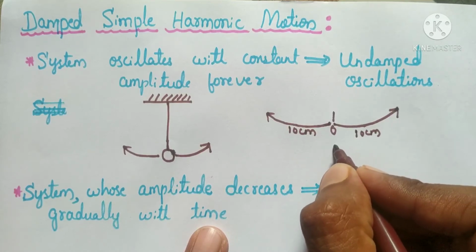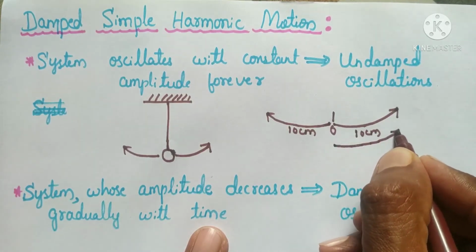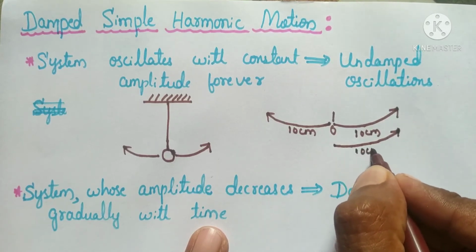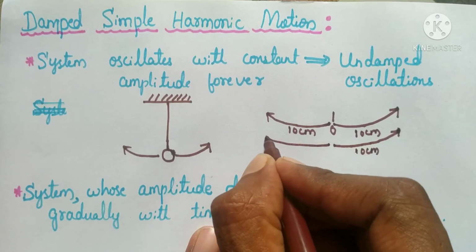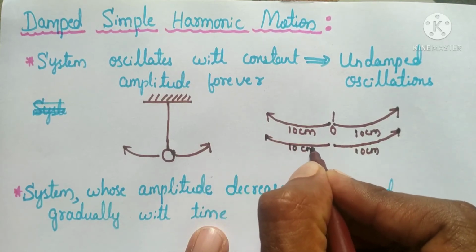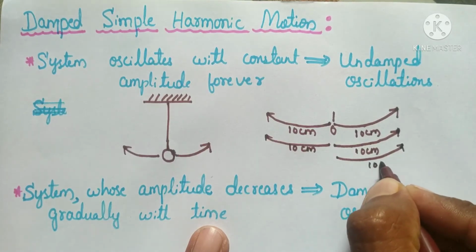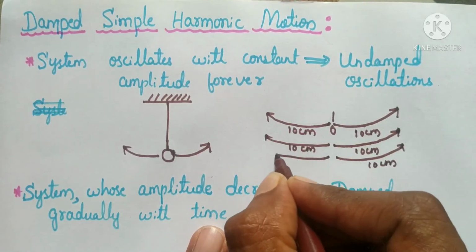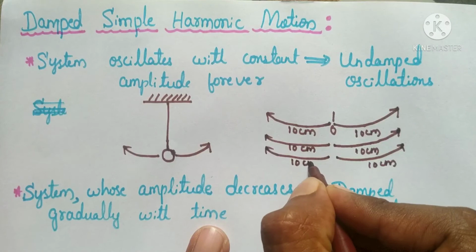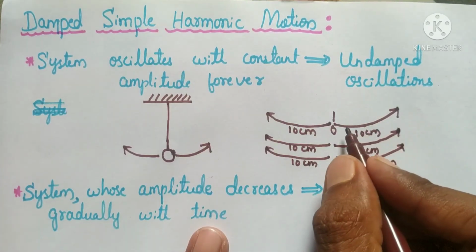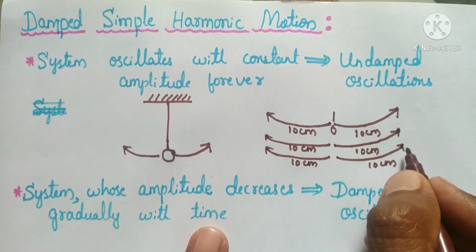In the second oscillation again it has to cover 10 centimeter displacement on both sides. And again in the third oscillation it has to cover 10 centimeter displacement. So what is happening here? During each oscillation the pendulum bob maintains the same amplitude, 10 centimeter, 10 centimeter, 10 centimeter.